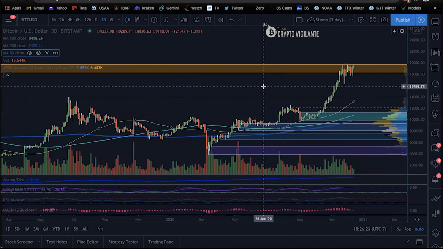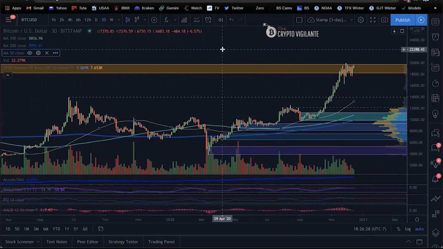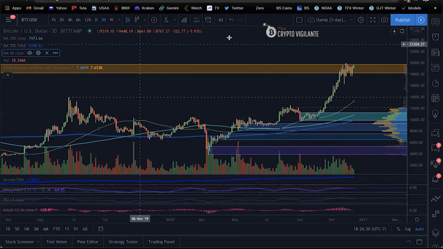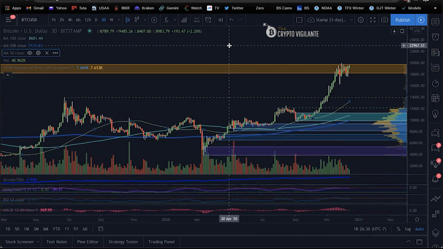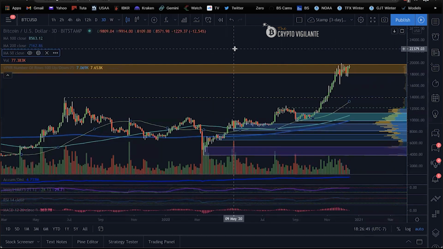Now, a lot of people will use EMAs instead of SMAs, but on a higher time frame, like this 3-day right here, and even on anything above a daily, we will use the SMAs. I just have found over the years that they're a little more accurate. That's a preference thing, though. Shorter term time frame traders very well may use EMAs very successfully.